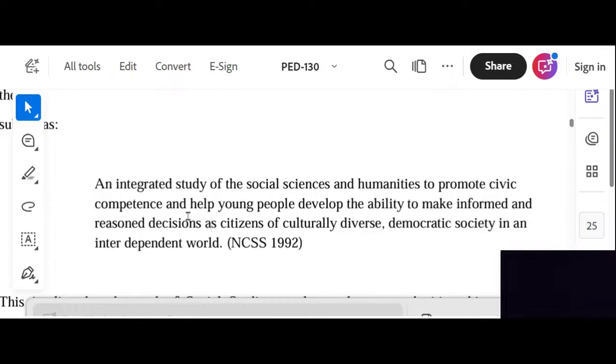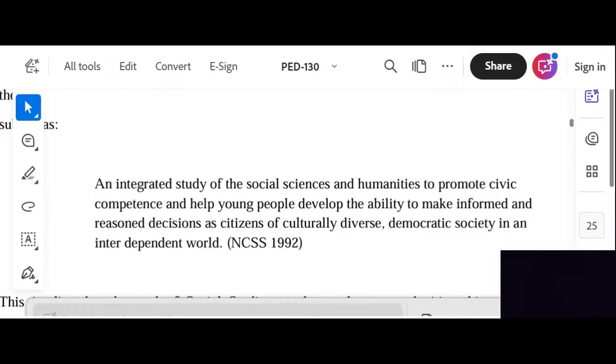This definition is too bulky. They are trying to leave no stone unturned. That is why they are trying to cover everything that is likely to be covered in their definition. By so doing, they made it too bulky.